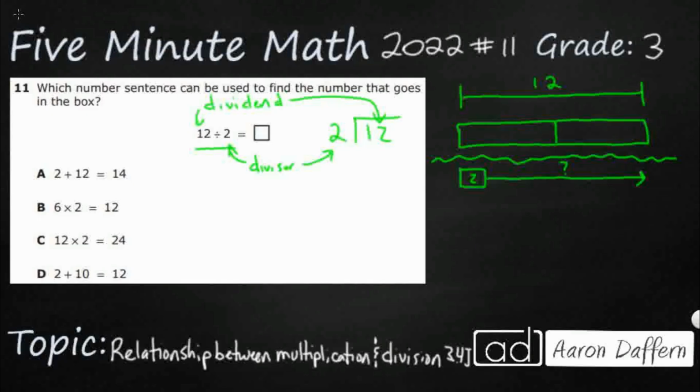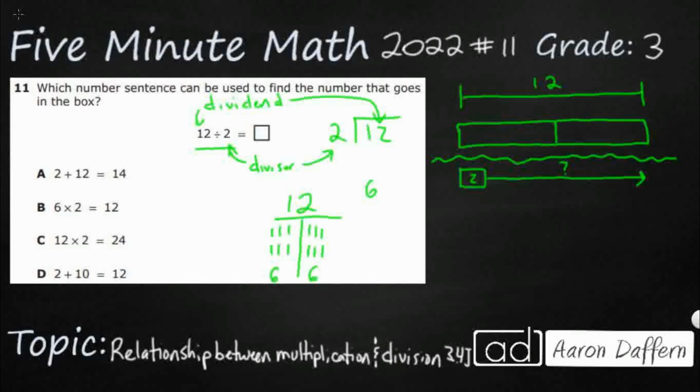We need to be thinking, okay, if I take 12, right, and I break it up into 2 groups, let me just do it like this. 1, 2, 3, 4, 5, 6, 7, 8, 9, 10, 11, 12. All right, so I've got my 12, and I split them into 2 equal groups. How many is going to be in each group? Well, you see, I got 6. Okay, so 6 and 6.